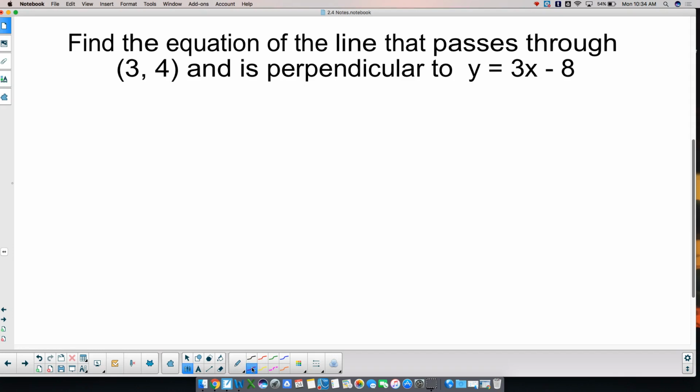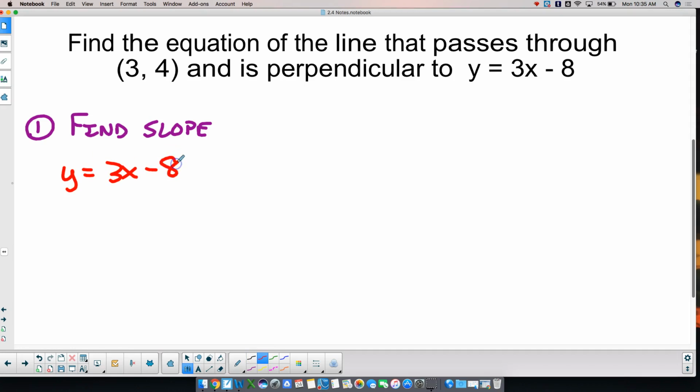Well, so the first thing that I'm going to have to do is find my slope. So in the line y equals 3x minus 8, what is the slope?